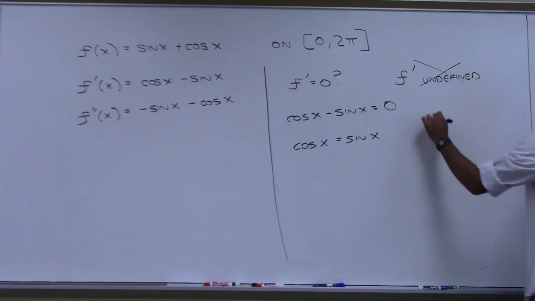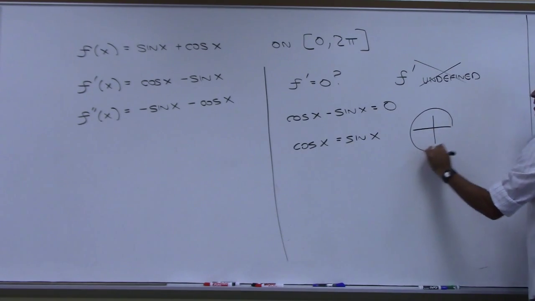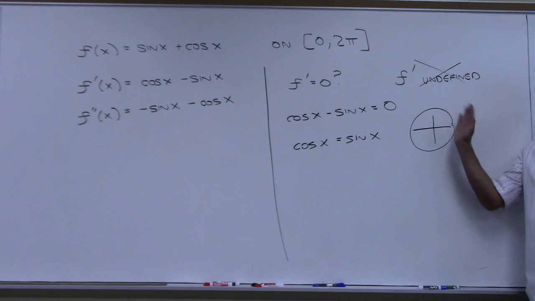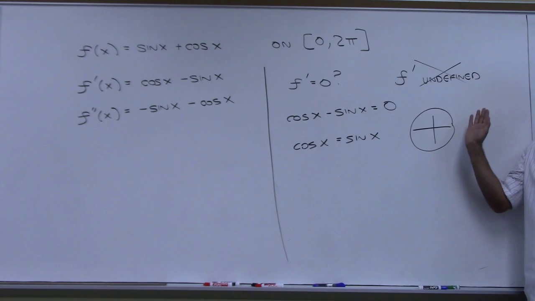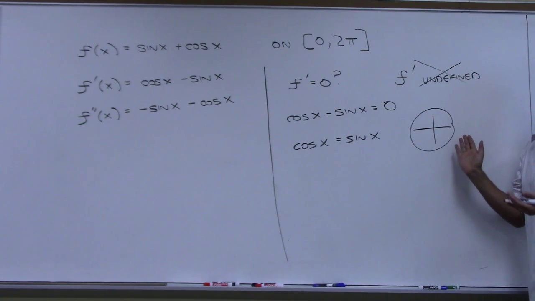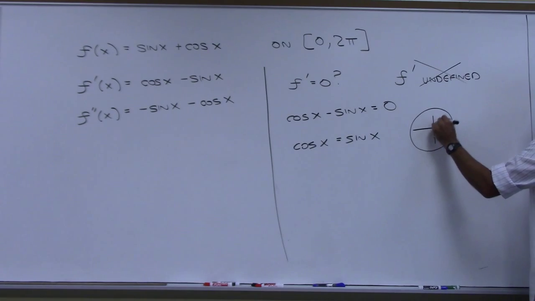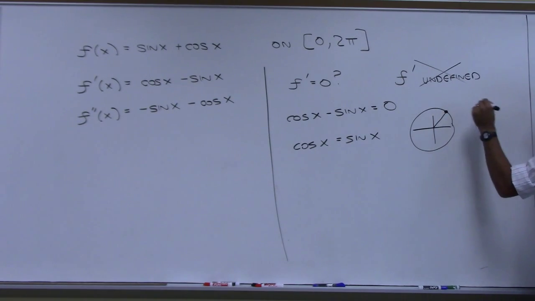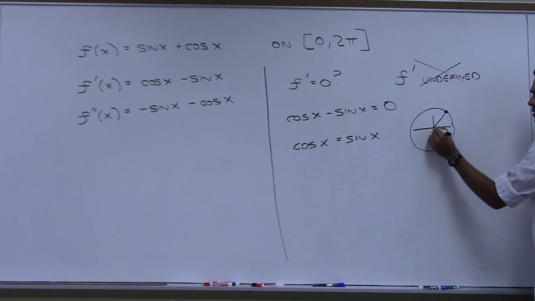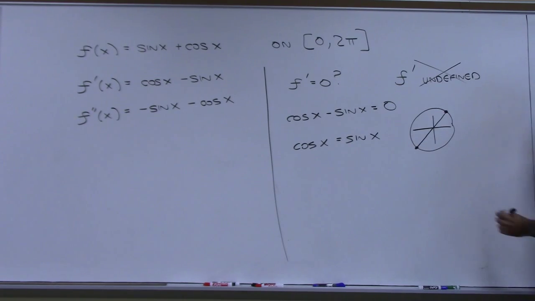If I go to my unit circle, remember that the points on the unit circle are the cosine and the sine. So where's the x value equivalent to the y value? Right here, because they're both root 2 over 2. And down here, because they're both negative root 2 over 2.